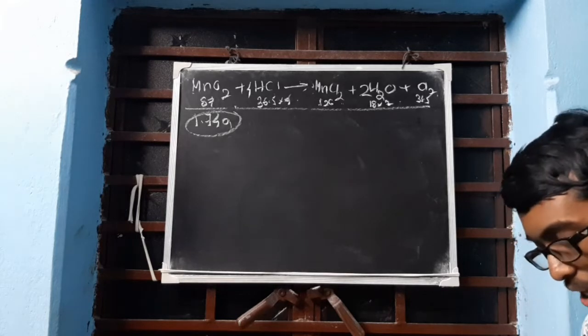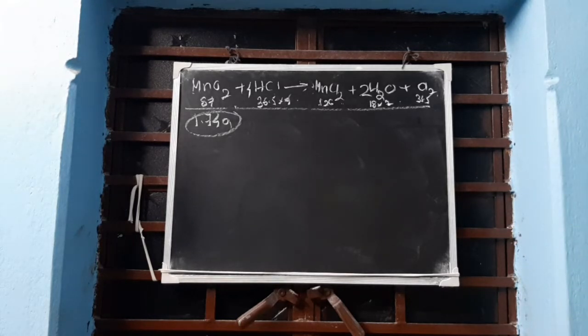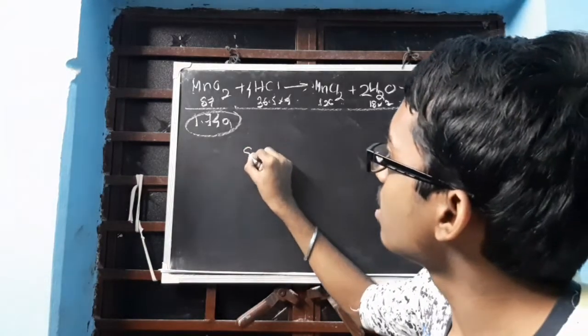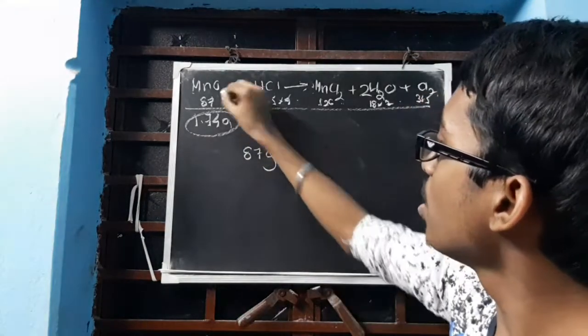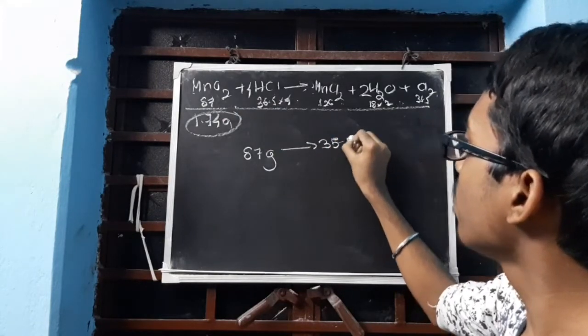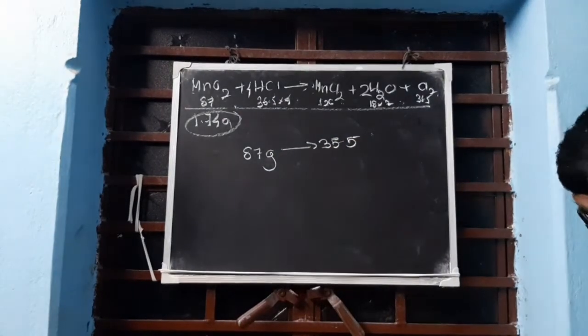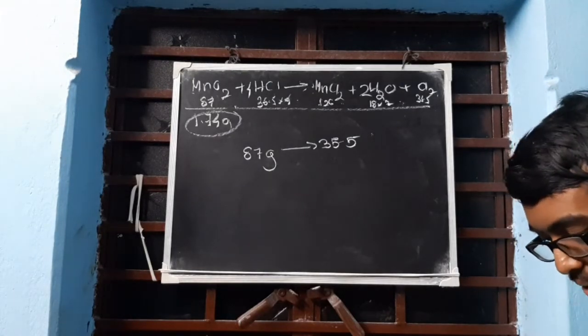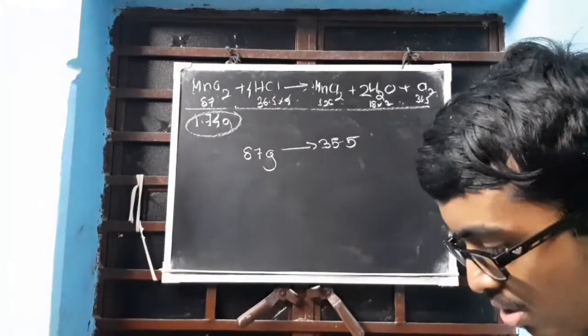How will you calculate volume? From the mass you can calculate volume very easily, right? So let's again calculate the mass. 87 gram MnO2 is giving you 35.5 gram of chlorine, right? Divide by 87.